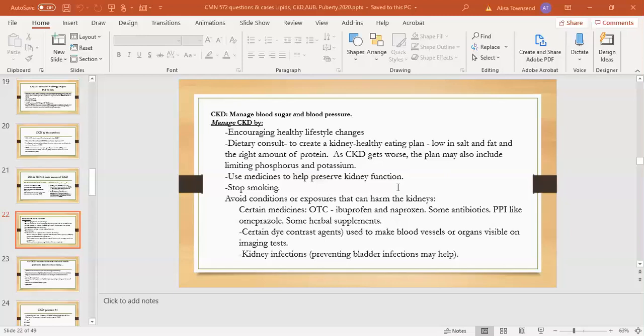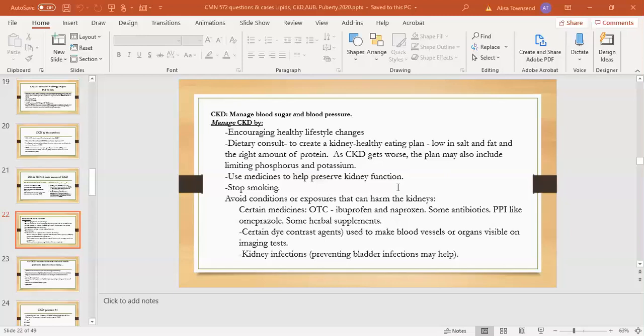We know that can slow the kidney function decline. So remember, 0.6 to 0.8 grams of protein per kilogram a day is usually preferred for someone with chronic kidney disease.